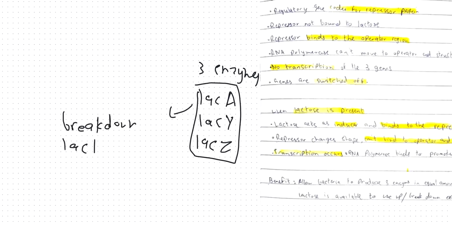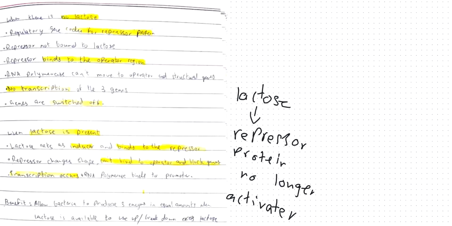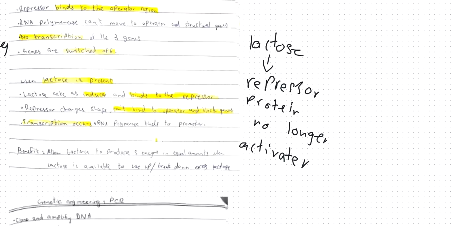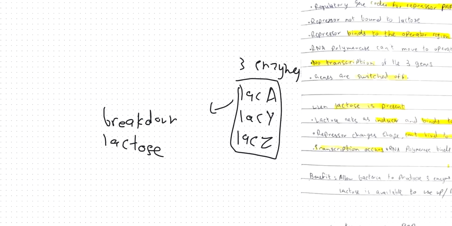So remember, the job of the lac operon is so that repressor proteins are no longer activated. When the repressor proteins are no longer activated, these three genes can be coded for, and they can break down lactose.